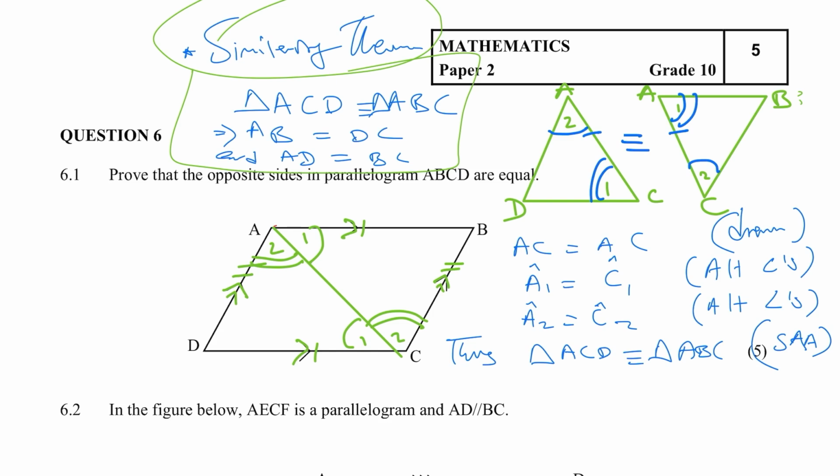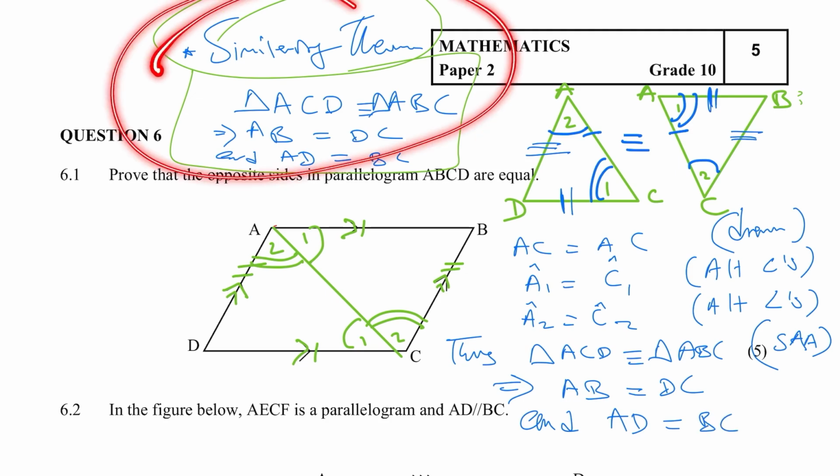Now, by that definition, this implies that AB is equal to DC, and AD is equal to BC. Make sense? This is what we've been trying to prove here.